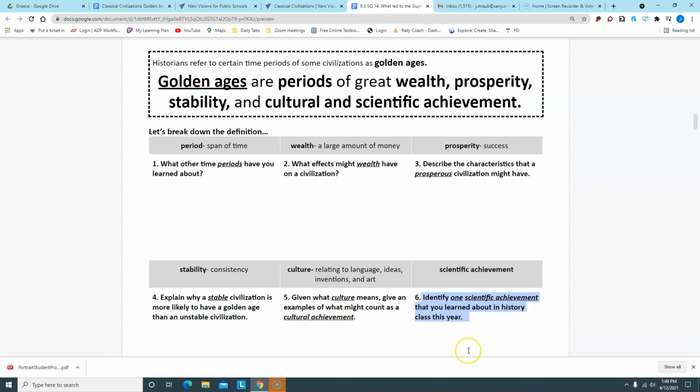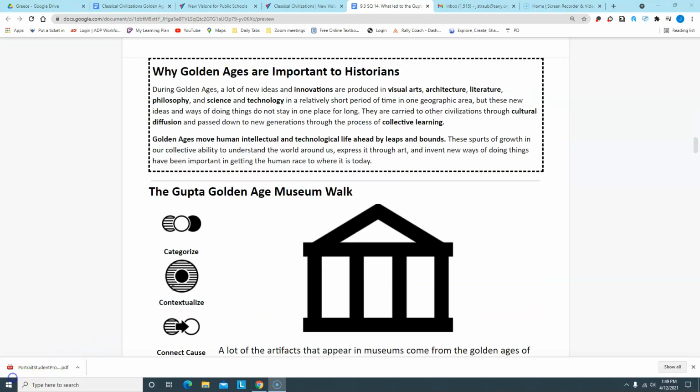This could be anything from the ancient civilizations of Mesopotamia, ancient Egypt, the Indus River Valley, and ancient China. And I want you to answer that question, the Edpuzzle, right now. Identify one specific achievement that you learned about in history so far this year, or this class.